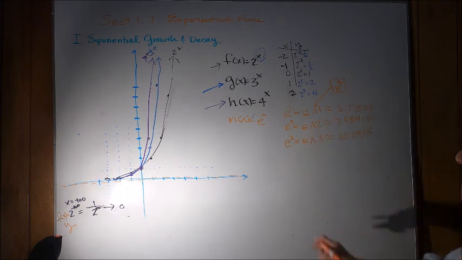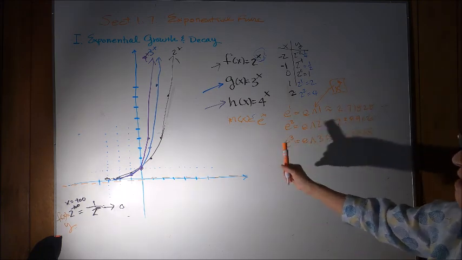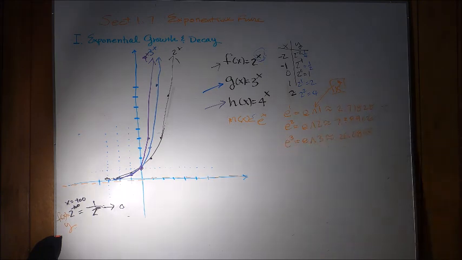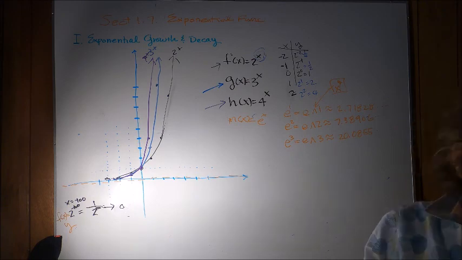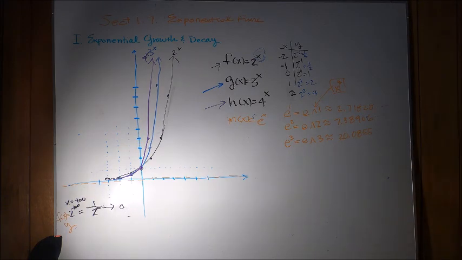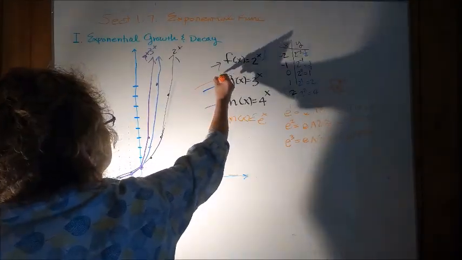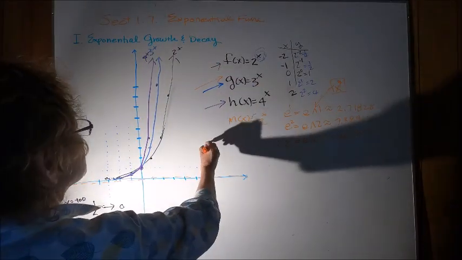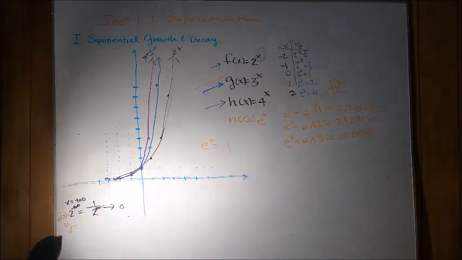So that's for the e. We are going to use base e for a lot of applications. So if I graph e to the x power, what's the number for e? 2.718 something. So it's between 2 and 3. E to the 0 power is still 1, right?